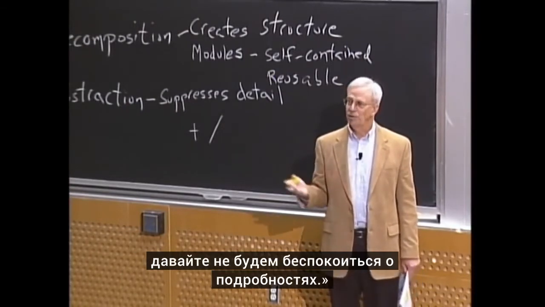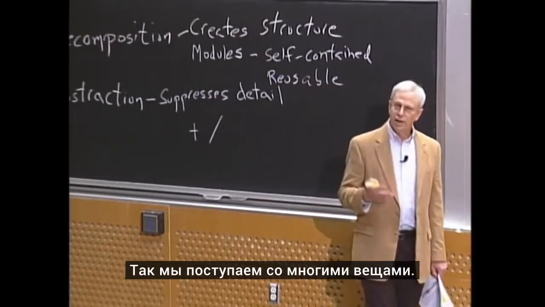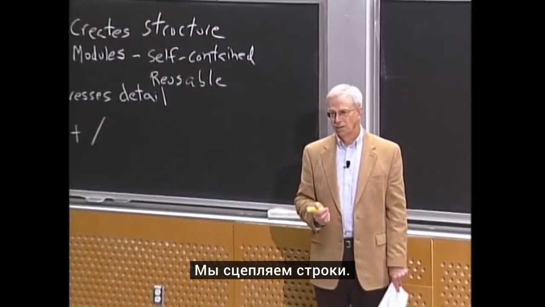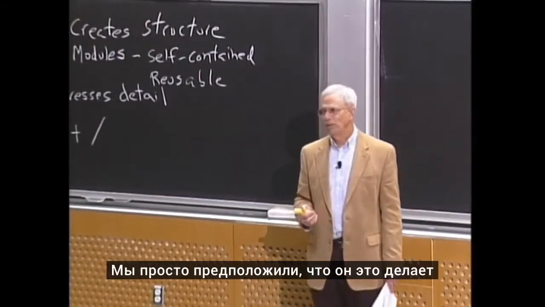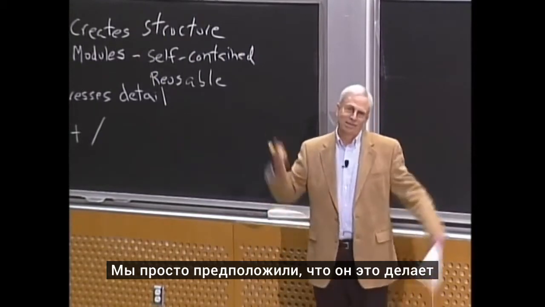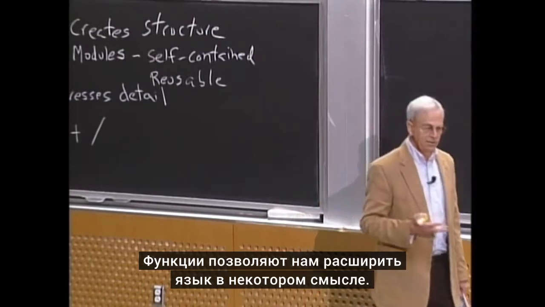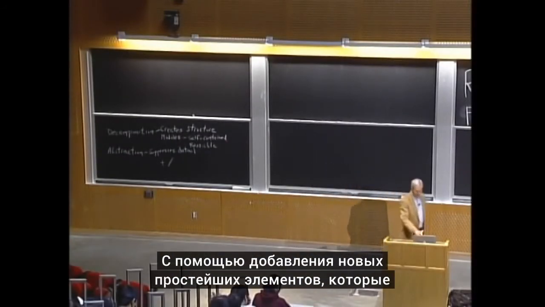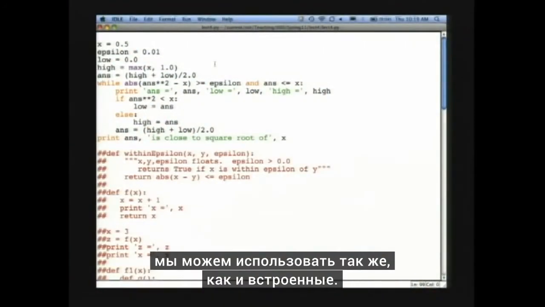Let's not worry about the details. We do that with a lot of things. We looked at strings. We concatenated strings. Well, we didn't worry about how Python went about doing that. We just assumed it did it, and it had the meaning we wanted it to. What functions let us do is extend the language in some sense by adding new primitives that we can use just the way we use the built-in primitives.